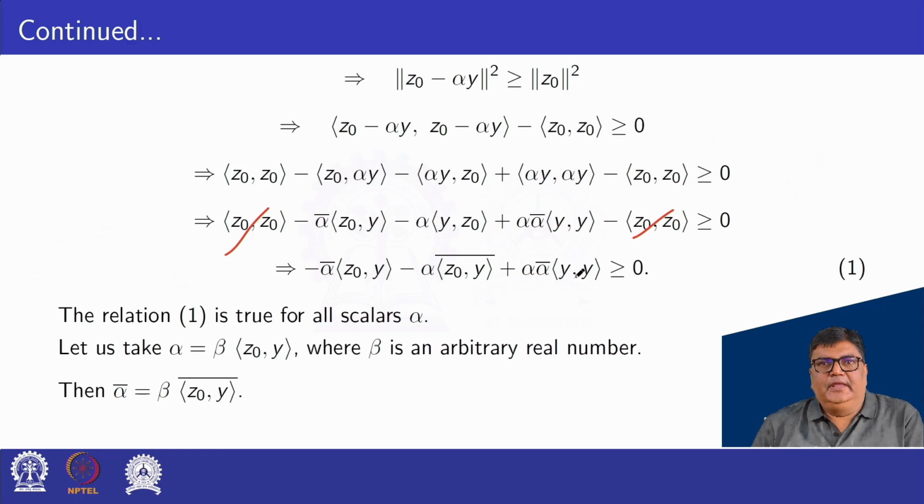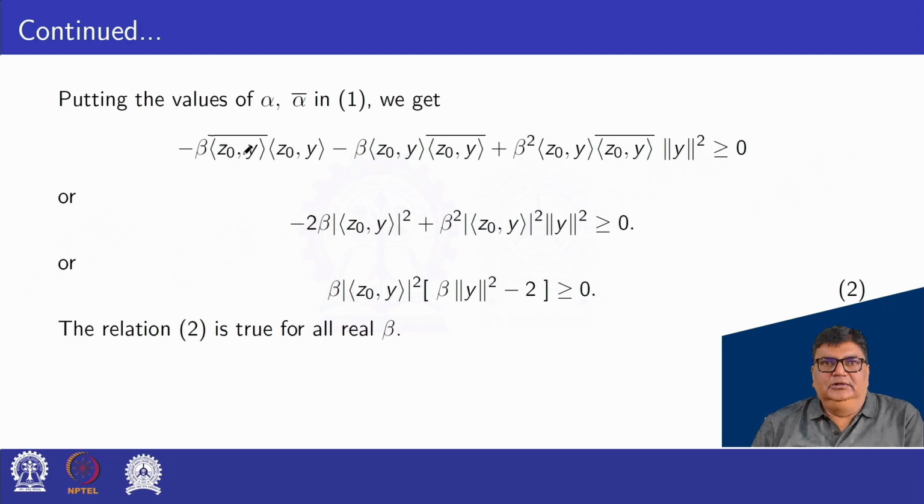Because the inner product of y, y is equal to the norm of y squared. And also we know that z times z bar is equal to the modulus of z squared. So these two terms can be written as minus 2 beta into the modulus of the inner product of z0, y, squared, plus beta squared times the modulus squared of the inner product of z0, y into the norm of y squared, greater than or equal to 0.